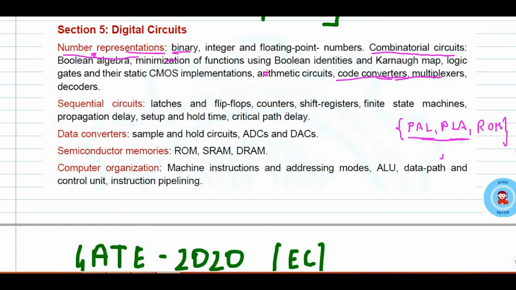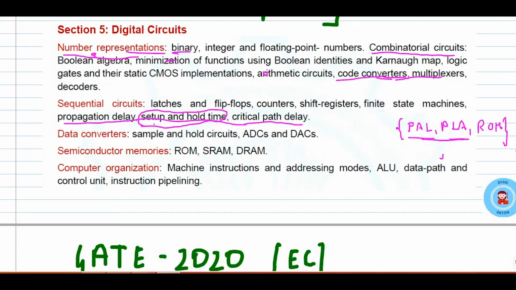Now the sequential circuit remains as it is. What they have done is represent some part of the syllabus very exhaustively, as you can see over here. They didn't write propagation delay, setup and hold time, and critical path delay before. Now they have written it very explicitly. Anyone who teaches sequential circuits and knows digital electronics knows that the heart of every sequential circuit is setup time and hold time.